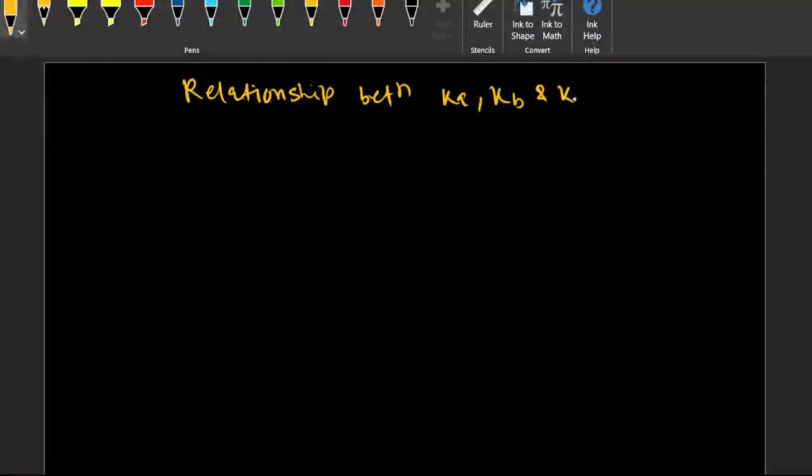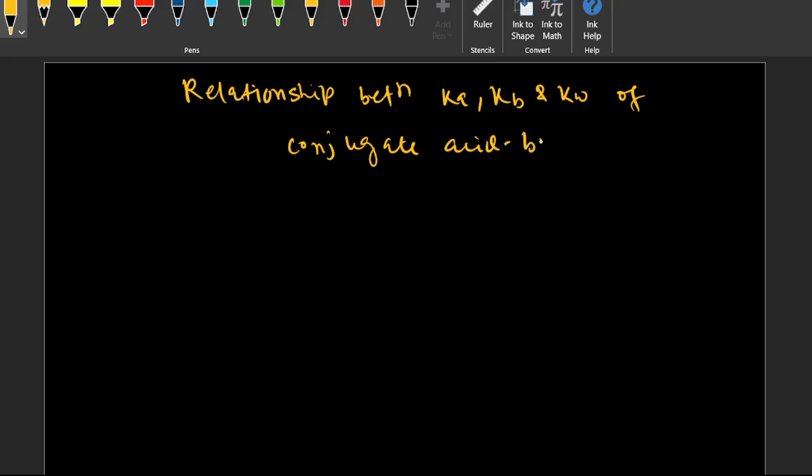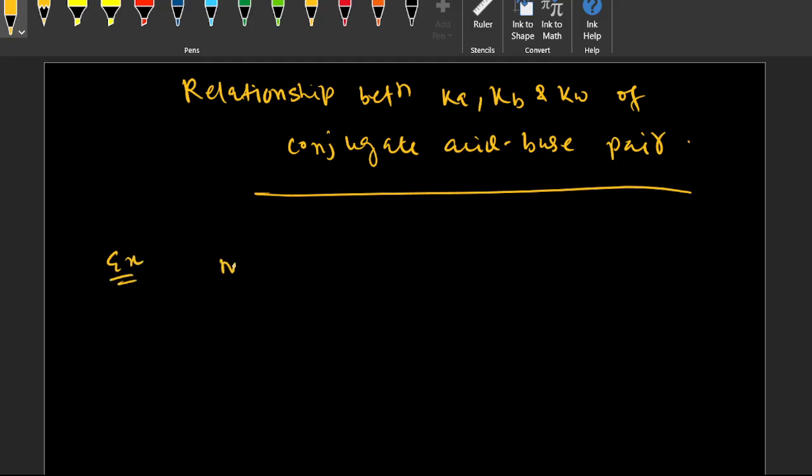Kb and Kw of a conjugate acid-base pair. So if we take examples, suppose a base with water is going to give NH4 plus and OH minus.